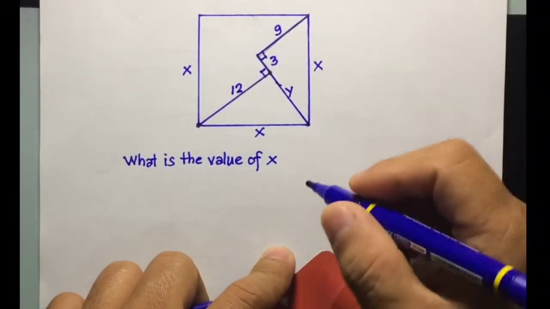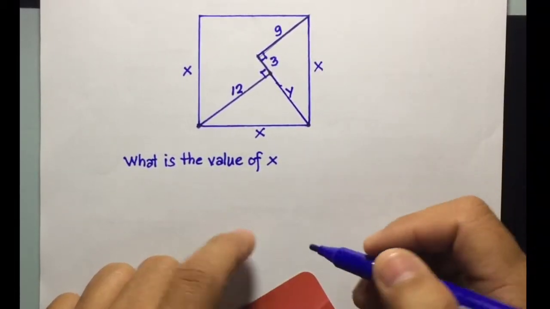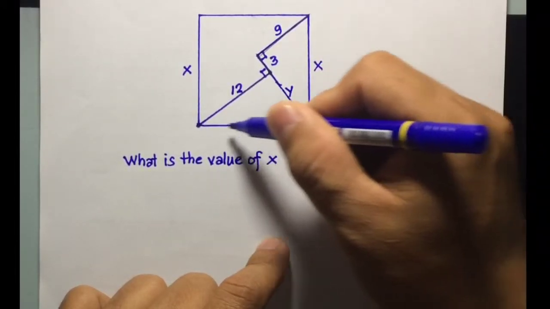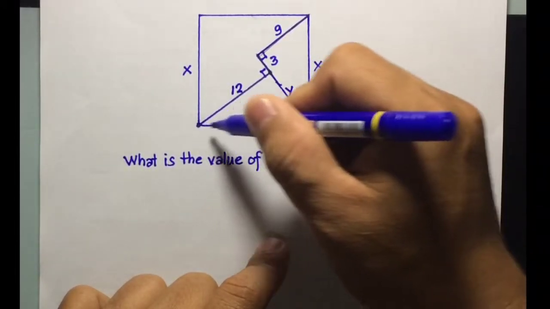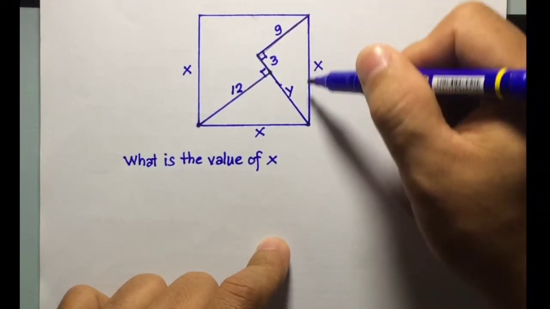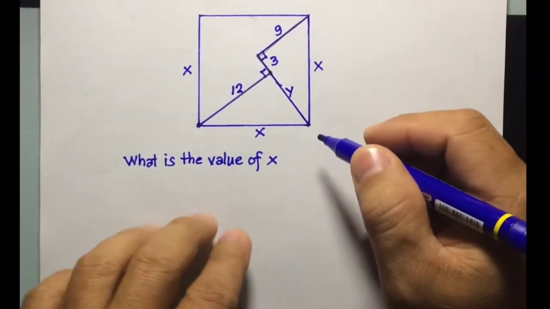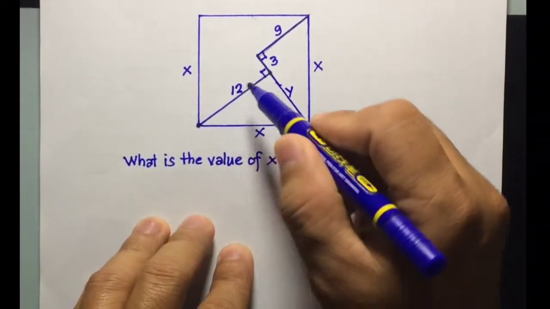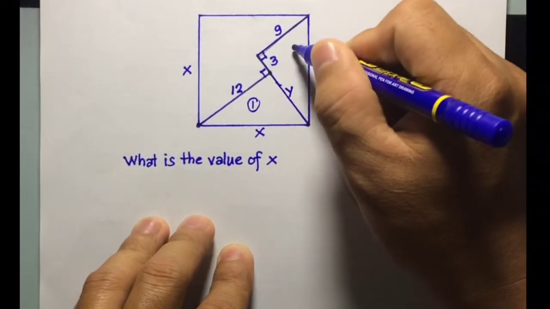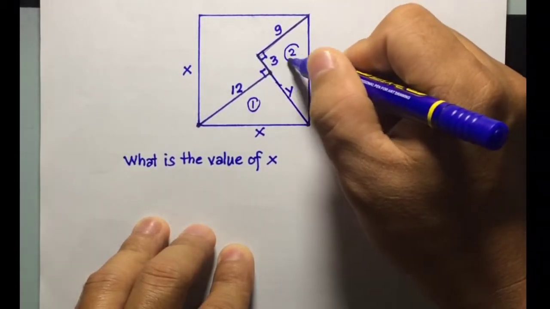Now for the solution, I will just use the Pythagorean Theorem. The x here is the hypotenuse, and the x here is also a hypotenuse. We're going to have this one as triangle number 1, and this as triangle number 2.